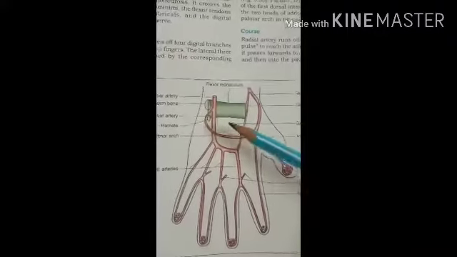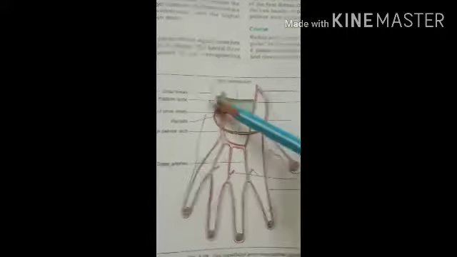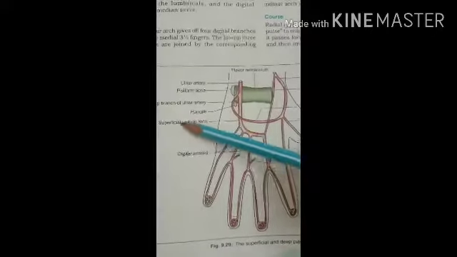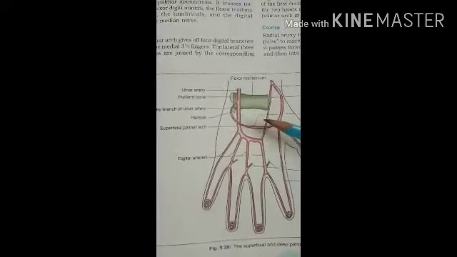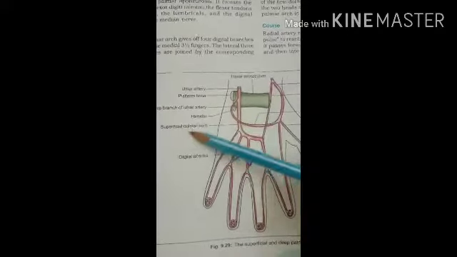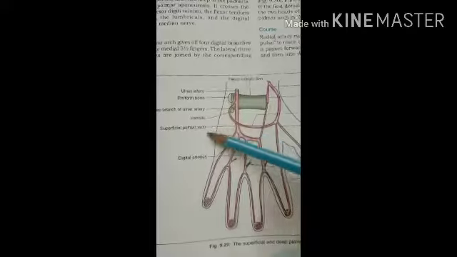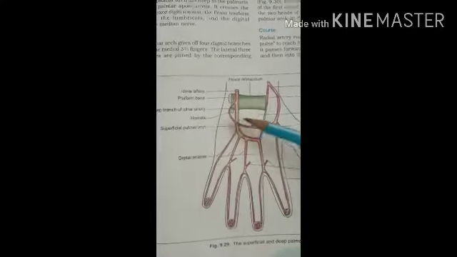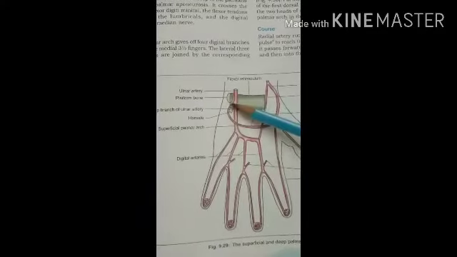The terminal branches are two. The larger superficial branch, which you can see here, continues as the superficial palmar arch, while the smaller deep branch joins to form the deep palmar arch.